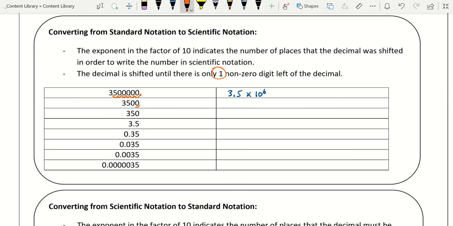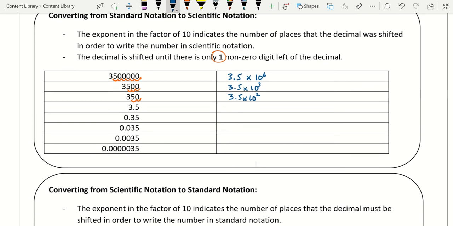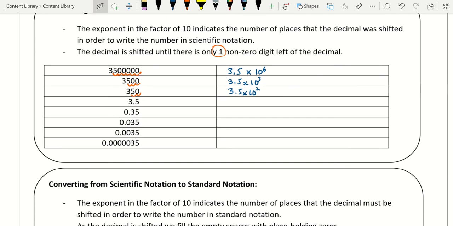This number here, we go 1, 2, 3, which gives us 3.5 times 10 to the 3. Here we move once, twice, which gives us 3.5 times 10 to the 2. So hopefully you're seeing a pattern here.